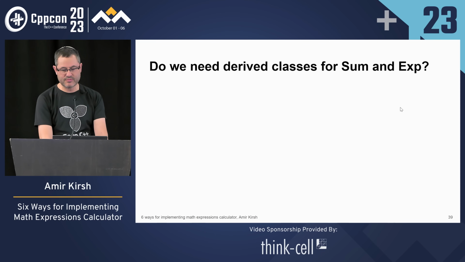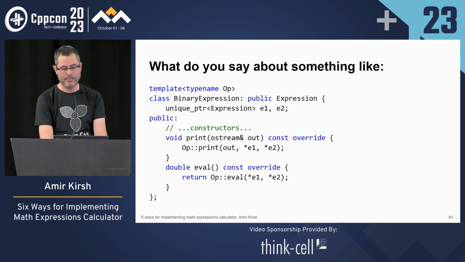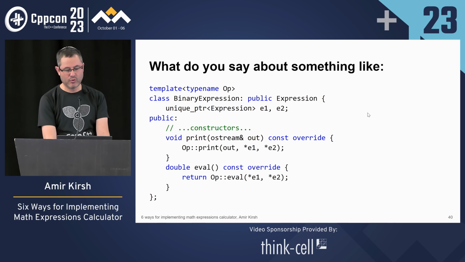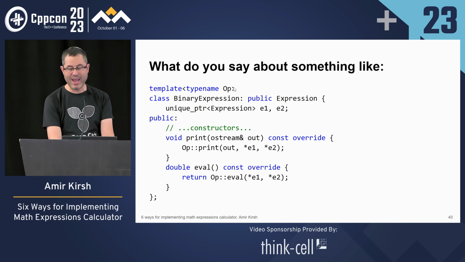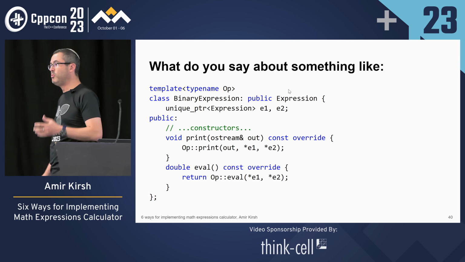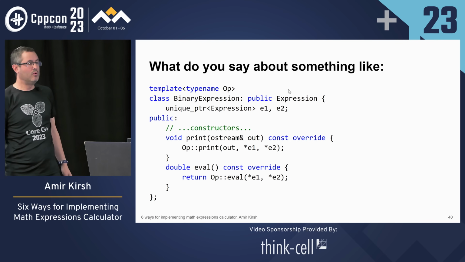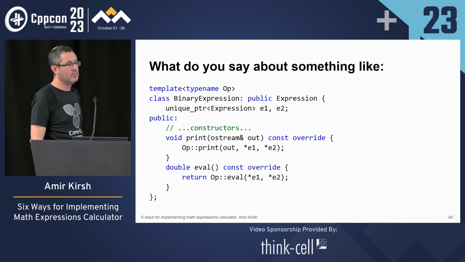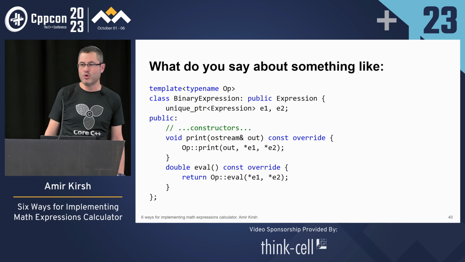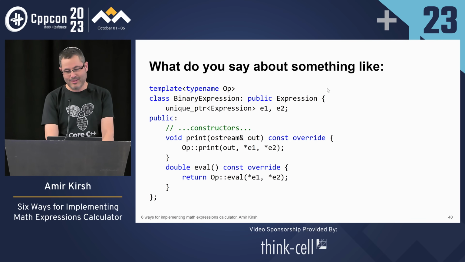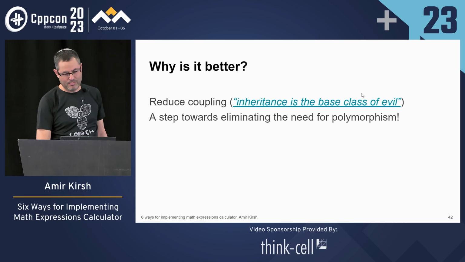Do we need to derive classes from sum and exp? So we can think about why should we derive from binary expression. Maybe we should pass to binary expression the operation to be performed. And the reason to get away from the inheritance is that you all know that inheritance is the base class of evil.